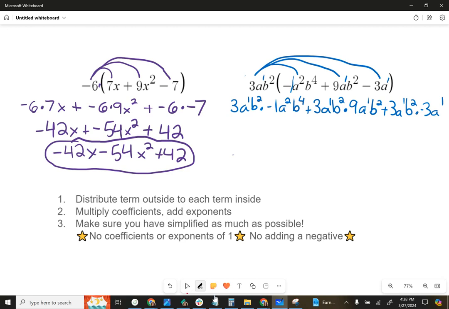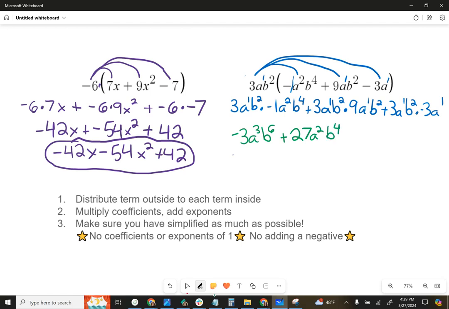As we move ahead, we will continue to multiply our coefficients and then add our exponents, and then we will rewrite our answer as cleanly as possible, seeing if there are any patterns we notice, any terms we can put together, and just make everything as neat and tidy as possible.